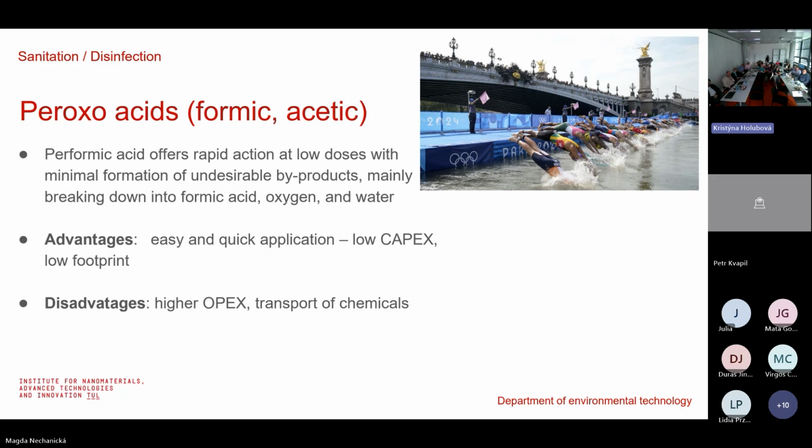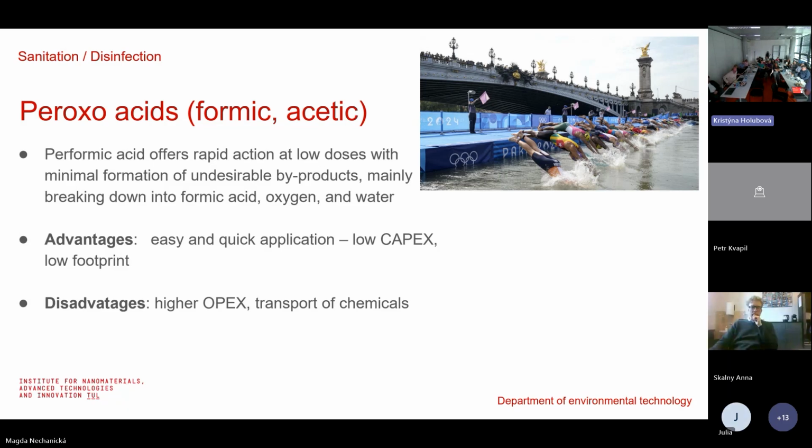They applied this method for treatment, for removing microorganisms from the treated water to be able to meet water quality for swimming in the river.